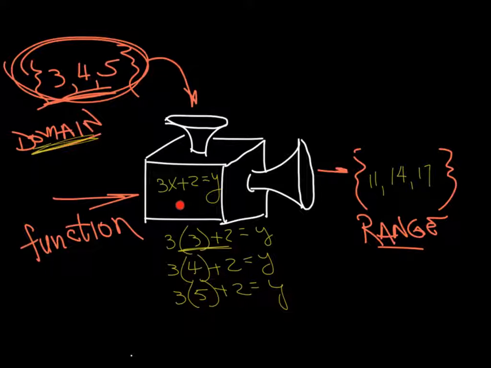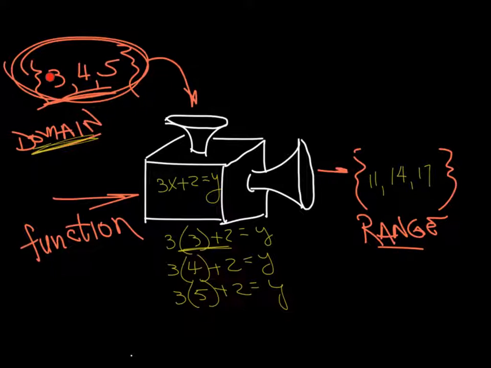Okay? So those are the only answers I'm going to get when I put 3, 4, and 5 in the machine. And notice, the x is the domain. It's the number that I put in here for x. 3 in for x, 4 in for x, 5 in for x. And notice what I get.